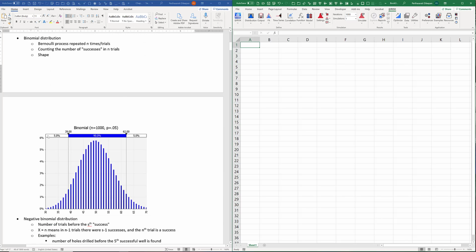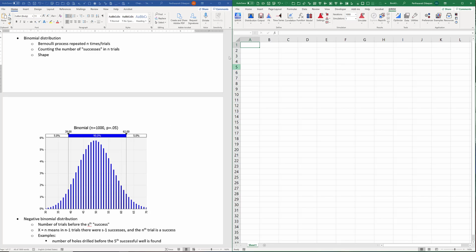The shape of the binomial distribution looks like this for p equal to 0.05 and n equal to 1000. As n increases, the binomial distribution will more or less resemble the continuous probability distribution of the normal distribution.